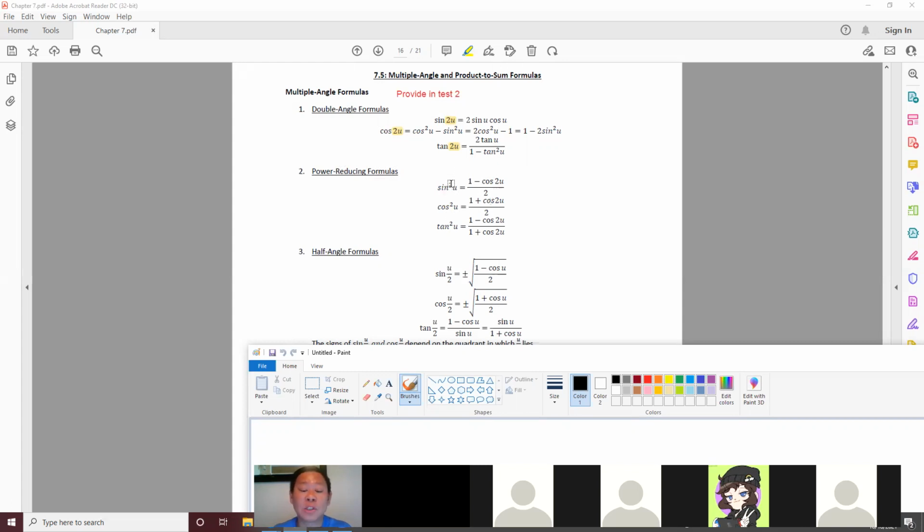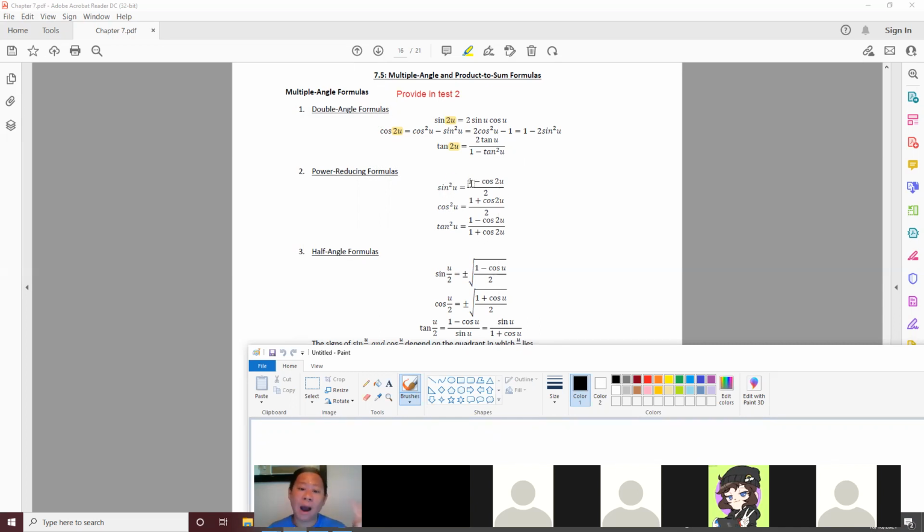So sine square u will become 1 minus cosine 2u over 2. You don't see any square involved here. Same thing with cosine square u, which is 1 plus cosine 2u over 2, and tangent square u is 1 minus cosine 2u over 1 plus cosine 2u. So this is power reducing: if you have any squaring, you reduce it into power 1.